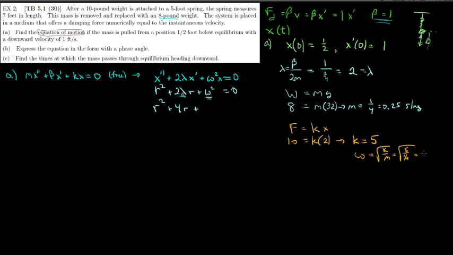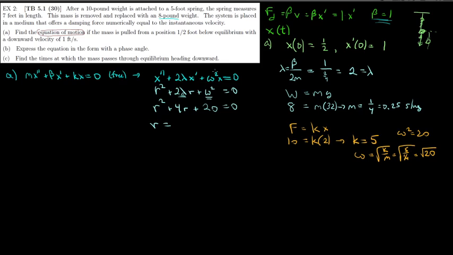So I guess that's the square root of 20. Yes, the square root of 20 for omega. So omega squared is just 20. Okay, so omega squared is 20, and we're solving this quadratic equation.